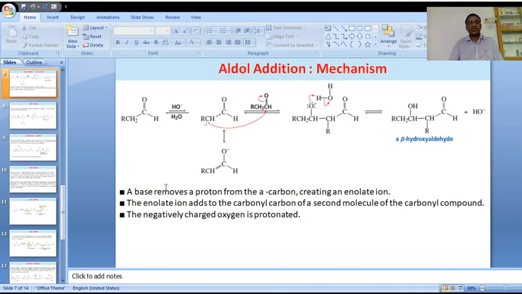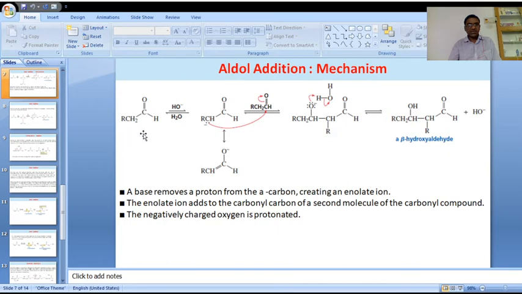A base removes a proton from the alpha carbon, creating an enolate ion. Here please observe, this is the aldehydic carbonyl compound. The carbon adjacent to the carbonyl functional group, this alpha carbon, is also called the active methylene group.